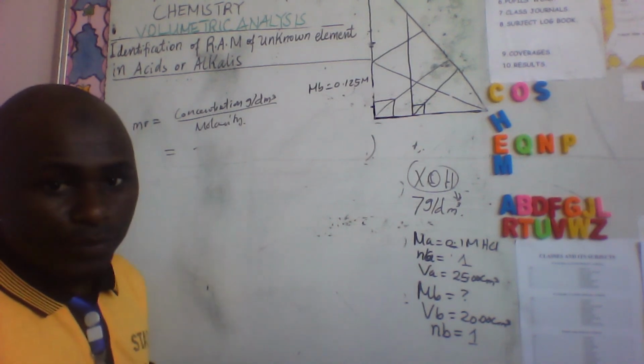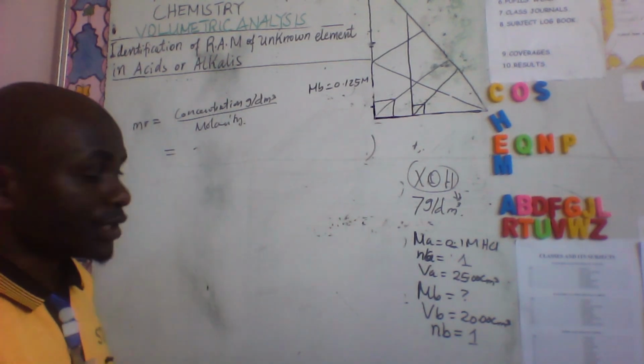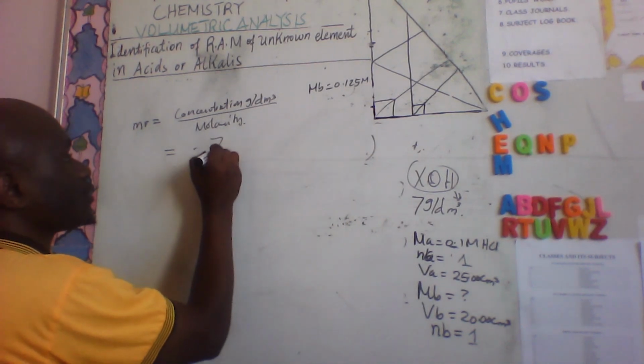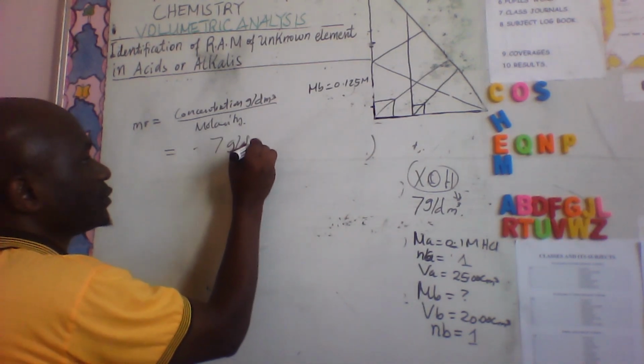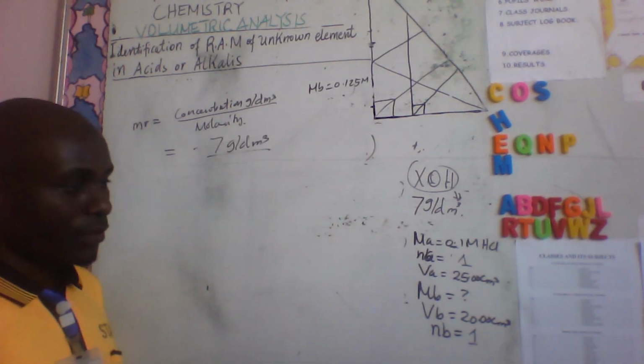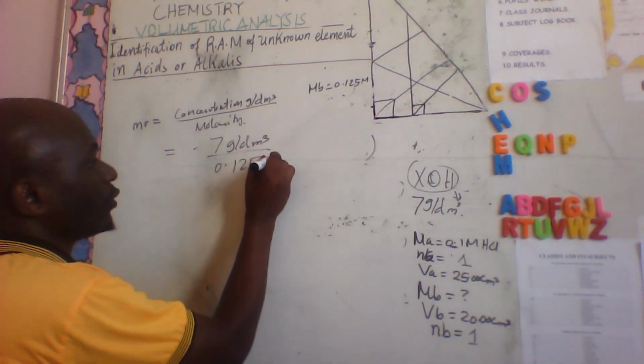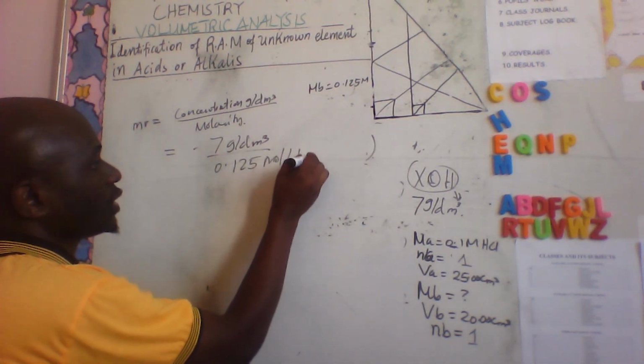So the concentration, which is equal to 7 gram per decimeter cube, should be divided by the molarity, which is equal to 0.125 mole per decimeter cube.